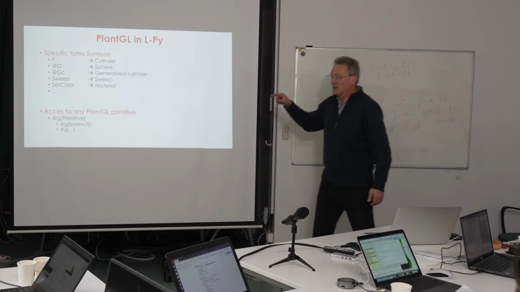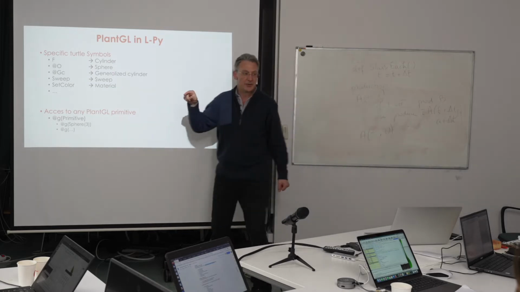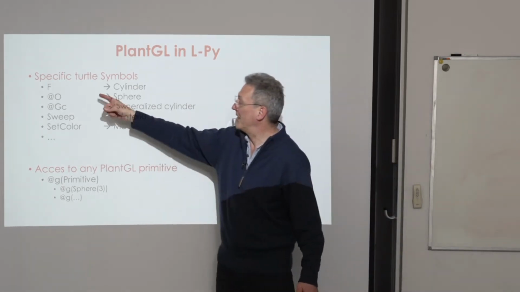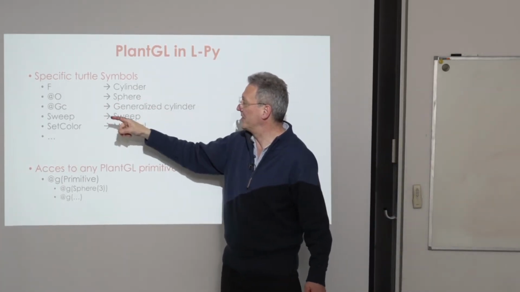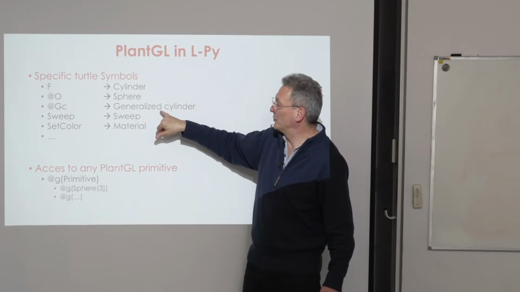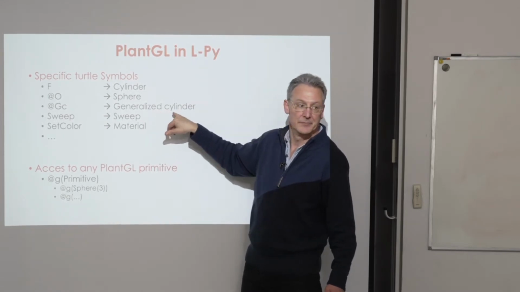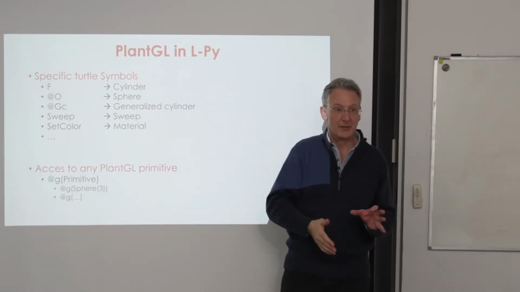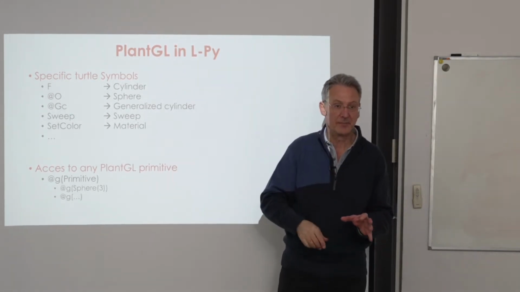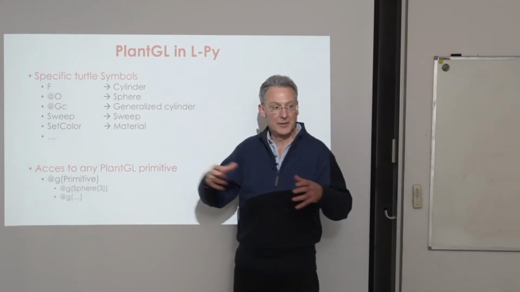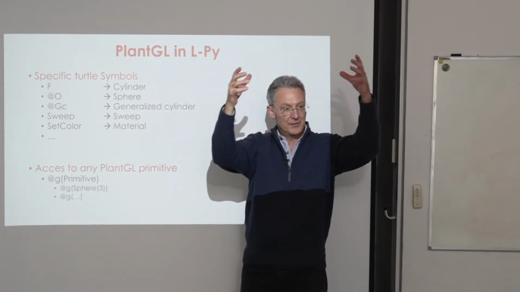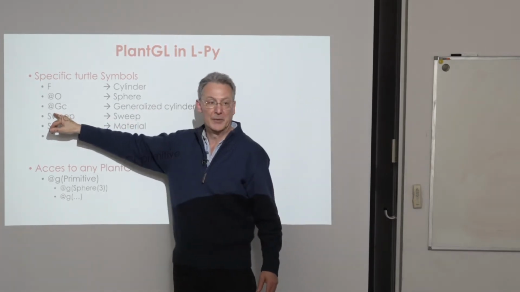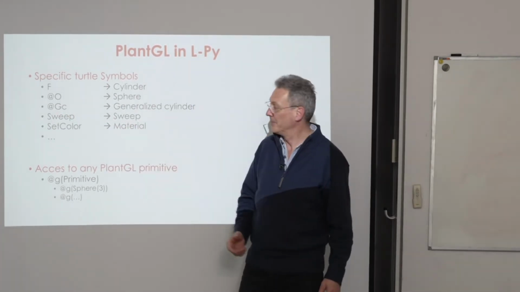There is a way to directly call these geometric primitives from LPy, as I said. So F would be the cylinder, O would be the sphere, and to produce a generalized cylinder, which is a cylinder that has not a straight axis, and for which you can scale the radius, you would have a primitive that is called @gc.